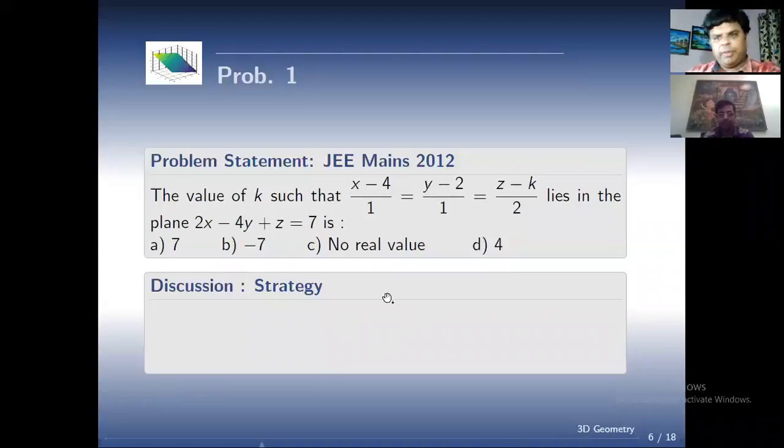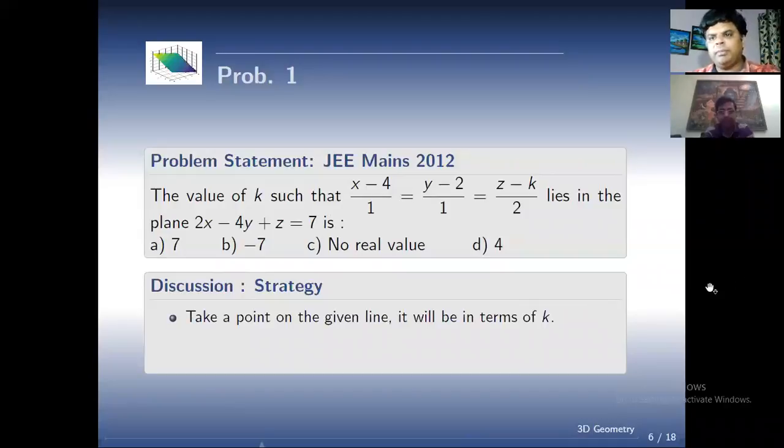So how would you solve this? First, take a point on the given line. This line is in symmetric form. Suppose all of these ratios are equal to t, then any point (x, y, z) will be of the form x equals t plus 4. Do you see that?